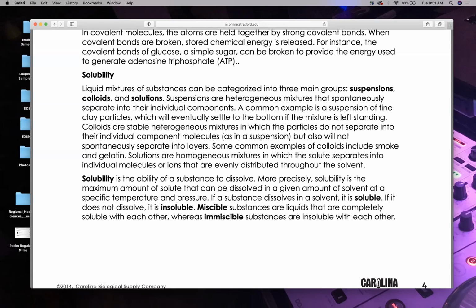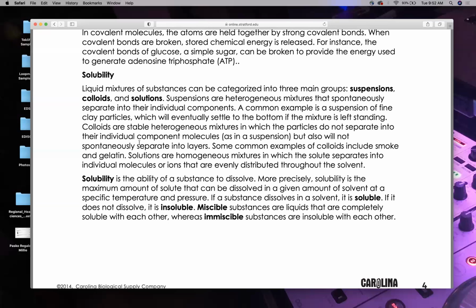That's why some medications you have to shake. A good example of a suspension is orange juice with the pulp in it. If you leave it standing, the pulp ends up at the bottom of your glass, especially if it's freshly squeezed orange juice.